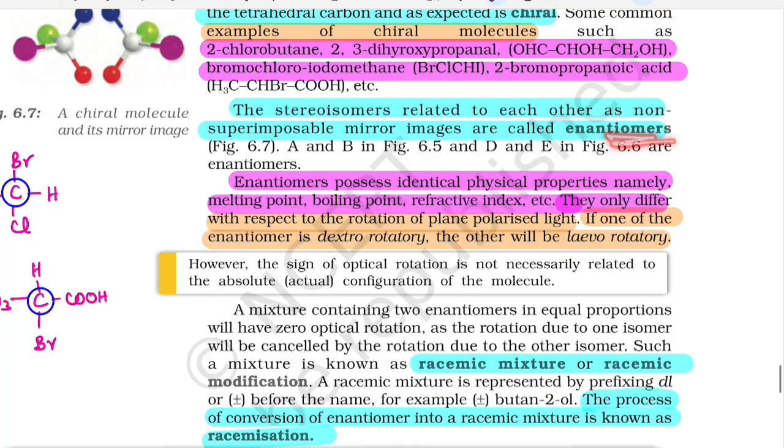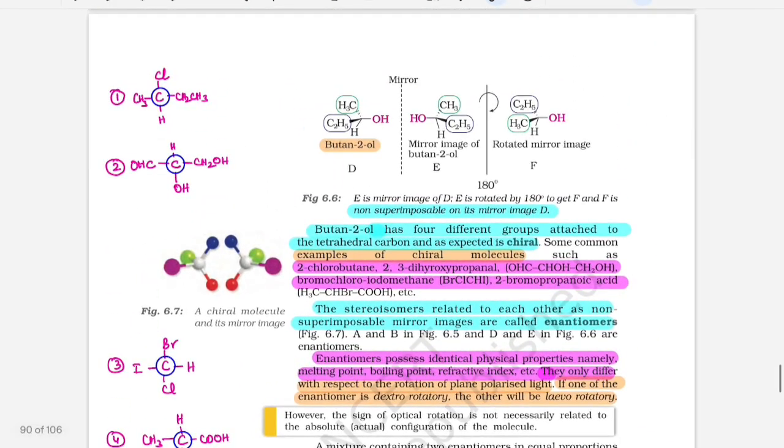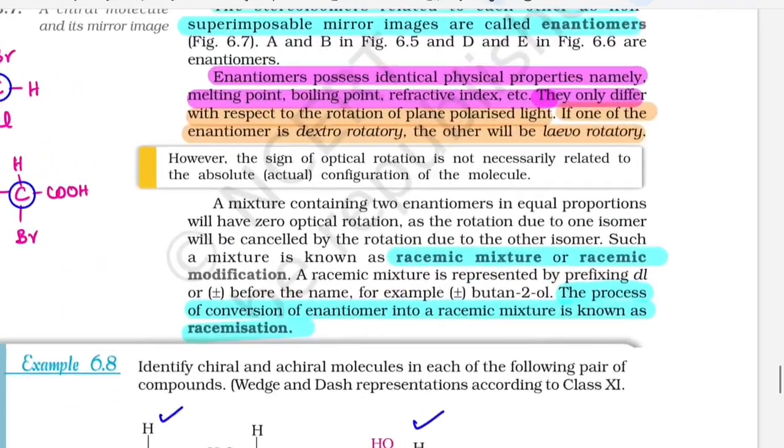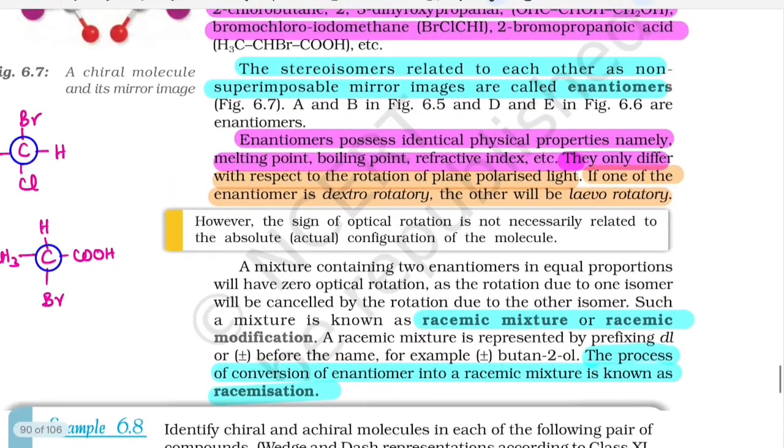Next, what are enantiomers? The stereoisomers related to each other as non-superimposable mirror images are called enantiomers. So here these two are non-superimposable images. Therefore these two will be enantiomers. So remember the definition of enantiomers. And enantiomers possess identical physical properties, namely melting point, boiling point, refractive index.